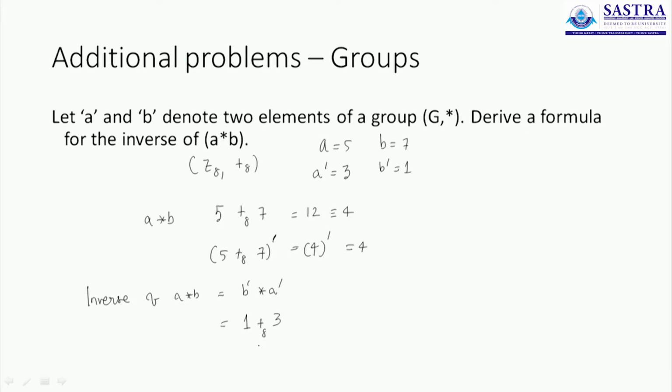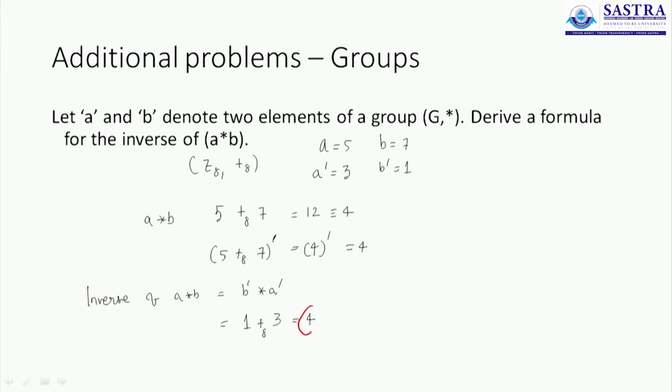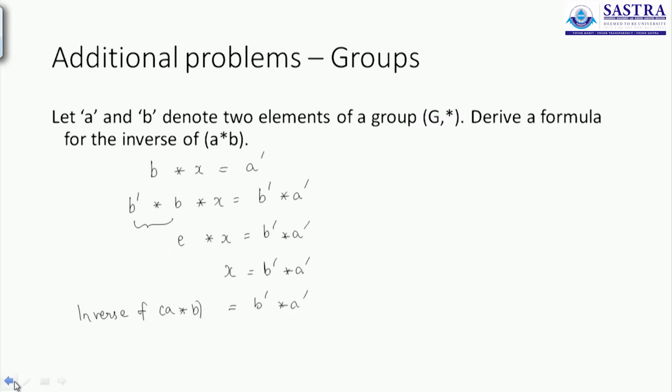Now 1 and 3 when added are going to give us 4, and since 4 is less than 8, you retain the 4 as it is. So we have derived the inverse of 5 and 7 operated together as 4, that matches with the example that we considered. So this can be noted as a formula for the inverse of any two elements operating using a binary operation star.